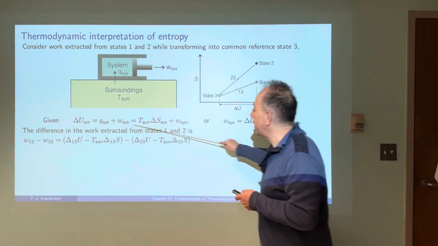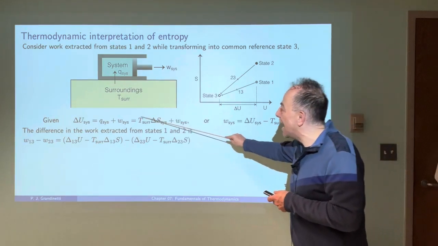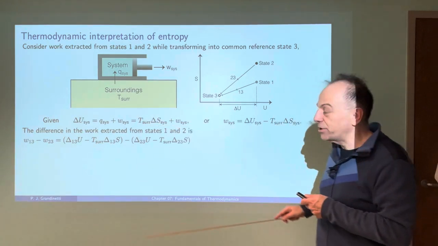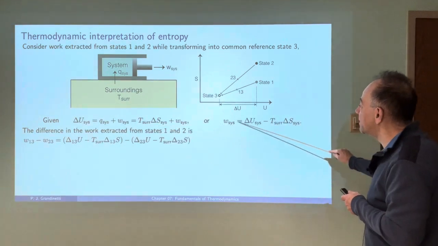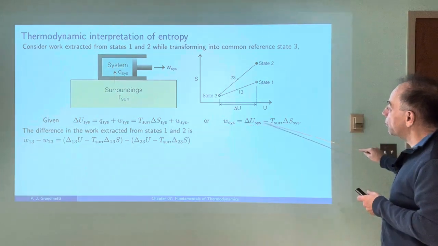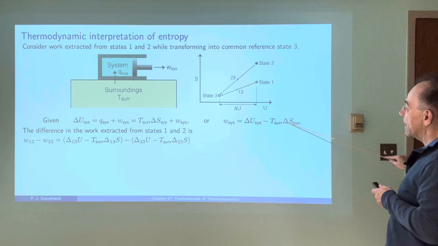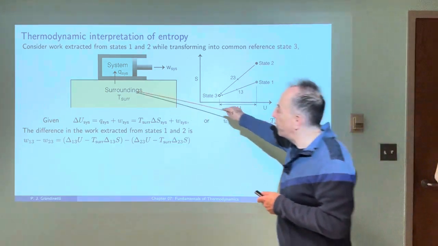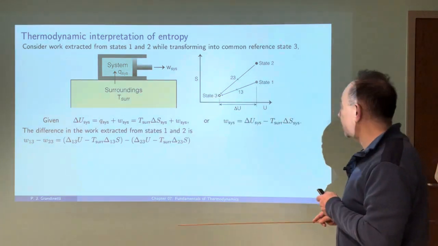That's my expression for the first law, which now includes Clausius' definition of entropy. If I rearrange that, the work that I extract out of the system is delta U minus T delta S, where T is the temperature of the surroundings where we're doing the heat exchange.